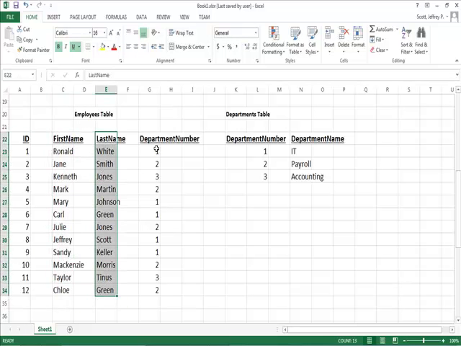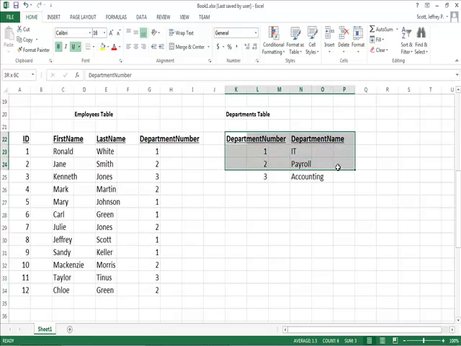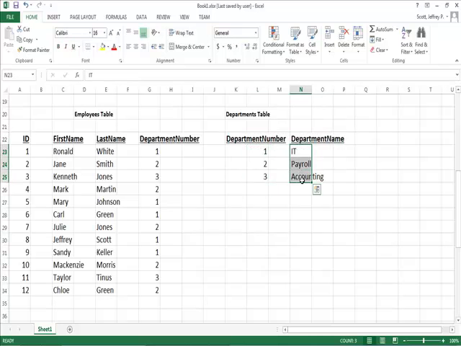But rather than having the employee's department name in here, we just put in their department number. And then in a separate table, we put in that number, which was a primary key in there, and then the actual name. What's the advantage of this? The biggest advantage is the fact that the department name is only in one table, and in that one table, each department name is only in there one time.